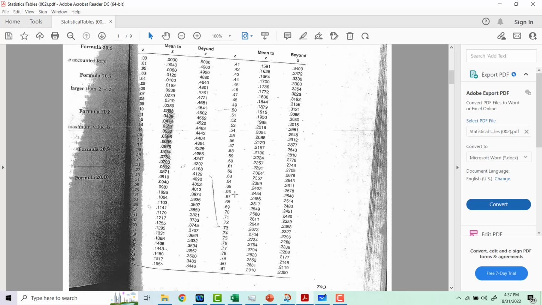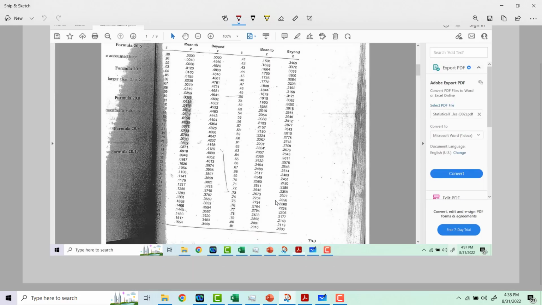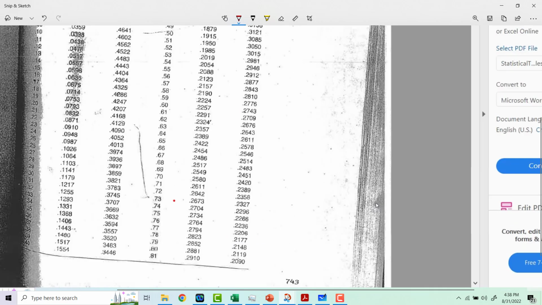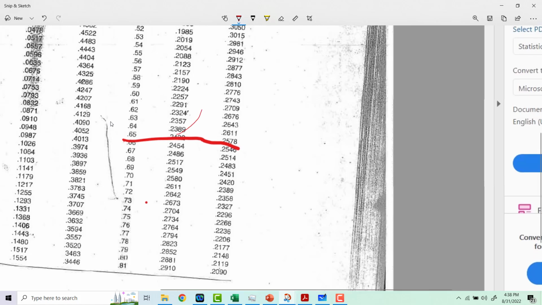Important things for exams. Let me just zoom that a little bit. If you have a situation like this, where I've got 0.6666, it's not a normal number.